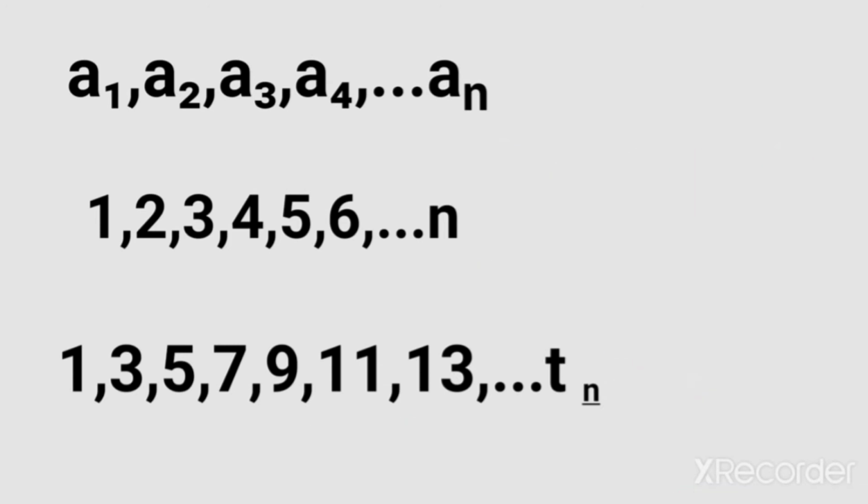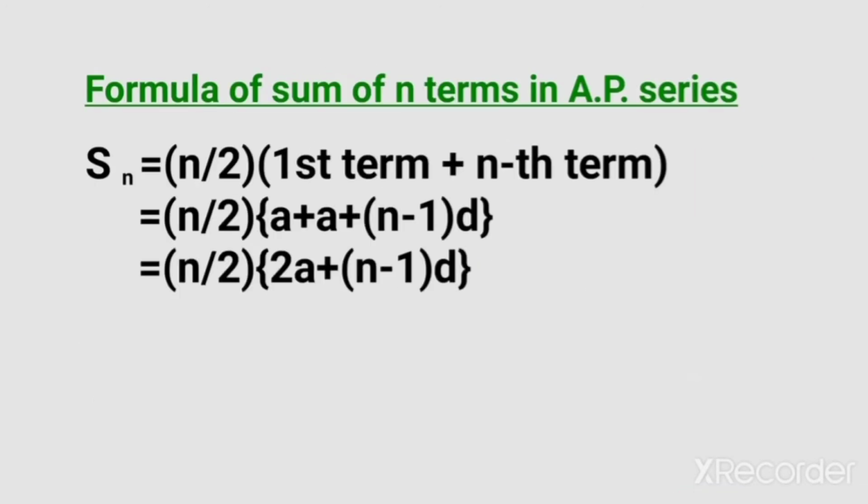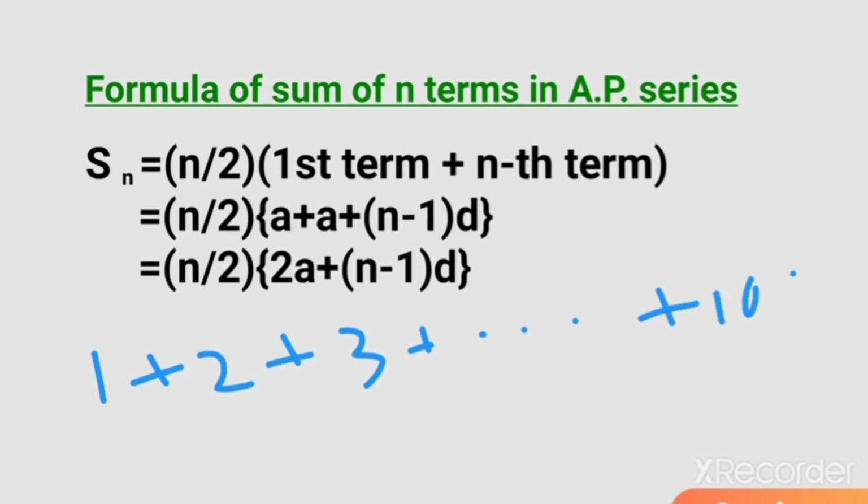Now the next formula is the sum of n terms in an AP series. The formula says n by 2 into (first term plus nth term, or last term). Here, the Carl series was like that: 1 plus 2 plus 3 plus dot dot plus 100.